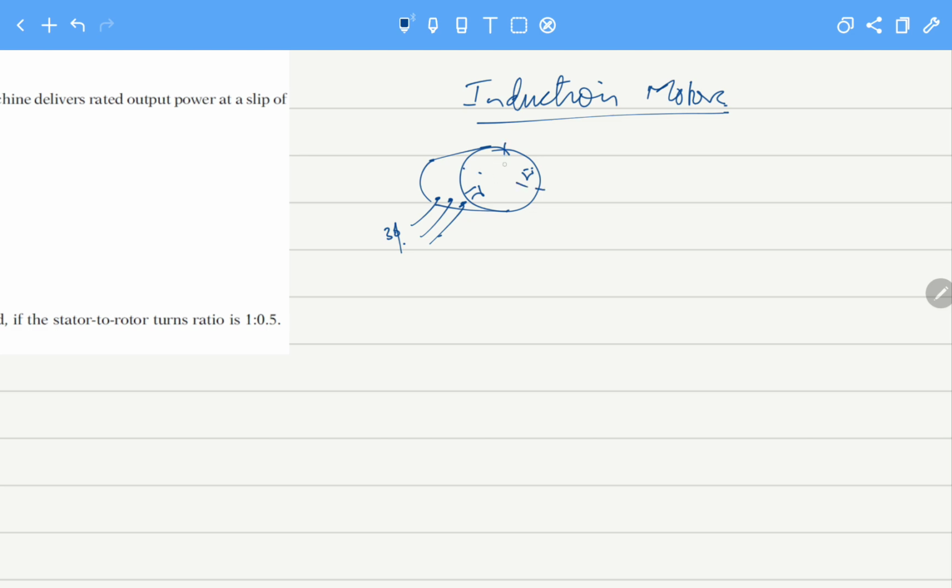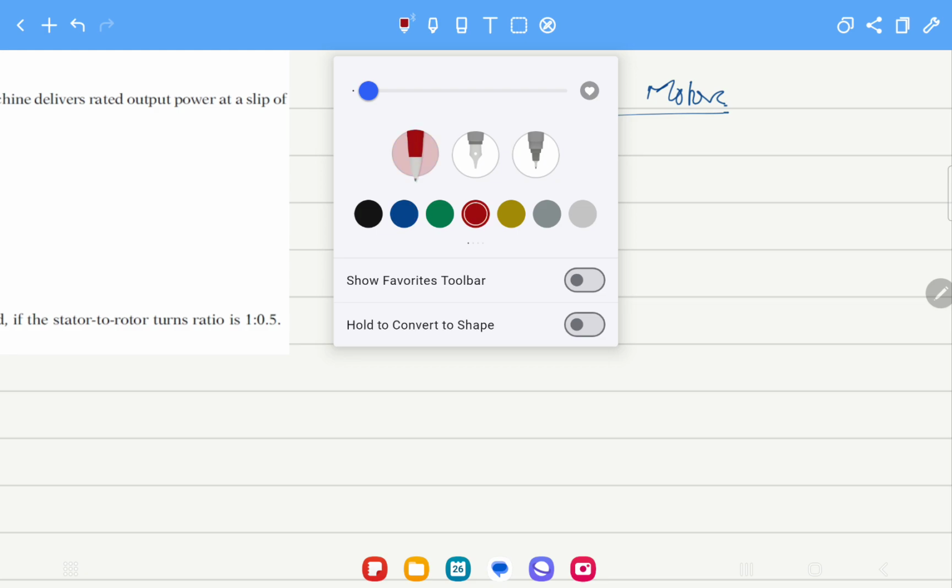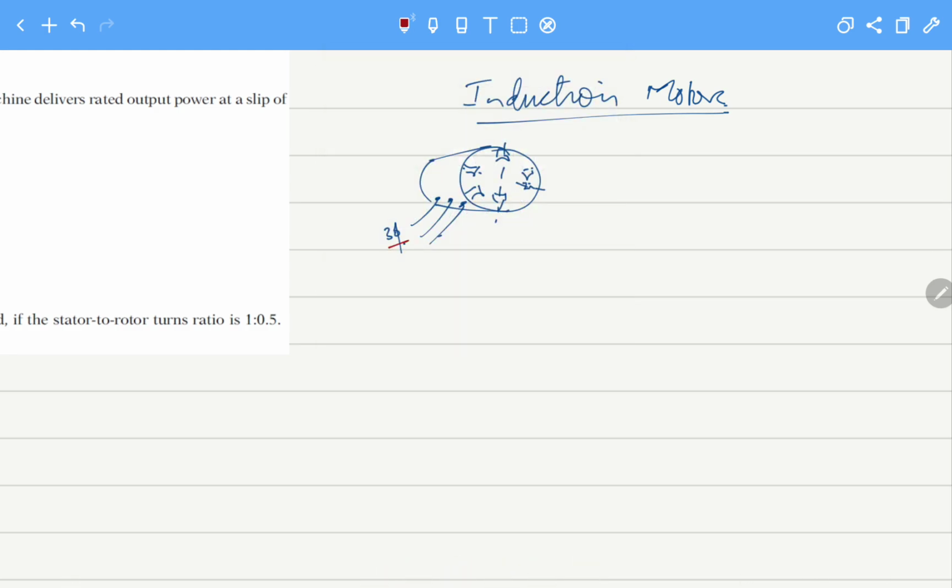When we apply three phase power to the stator of the induction motor, a rotating magnetic field is produced, and this rotating magnetic field is actually called a synchronous field.